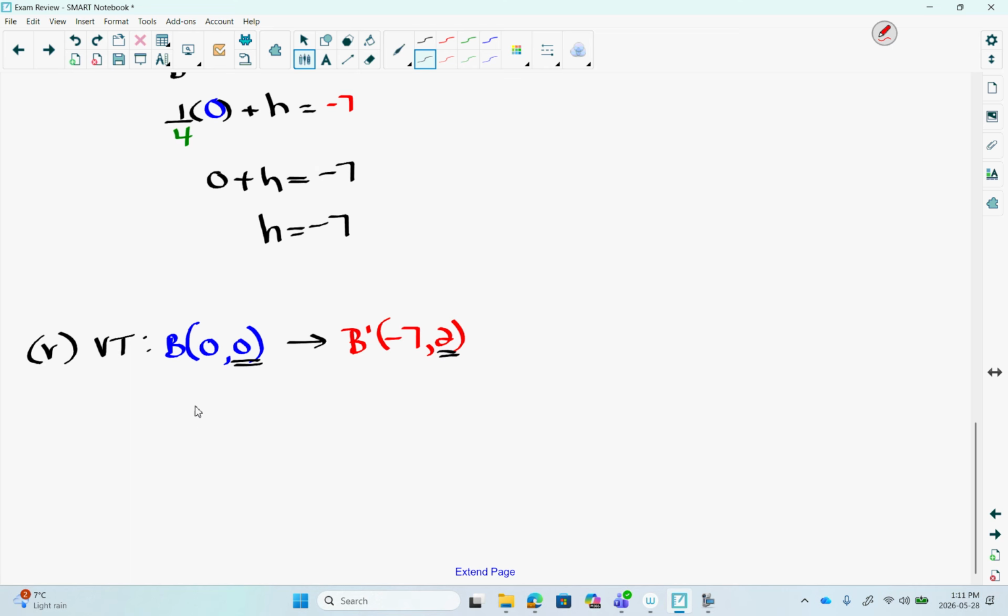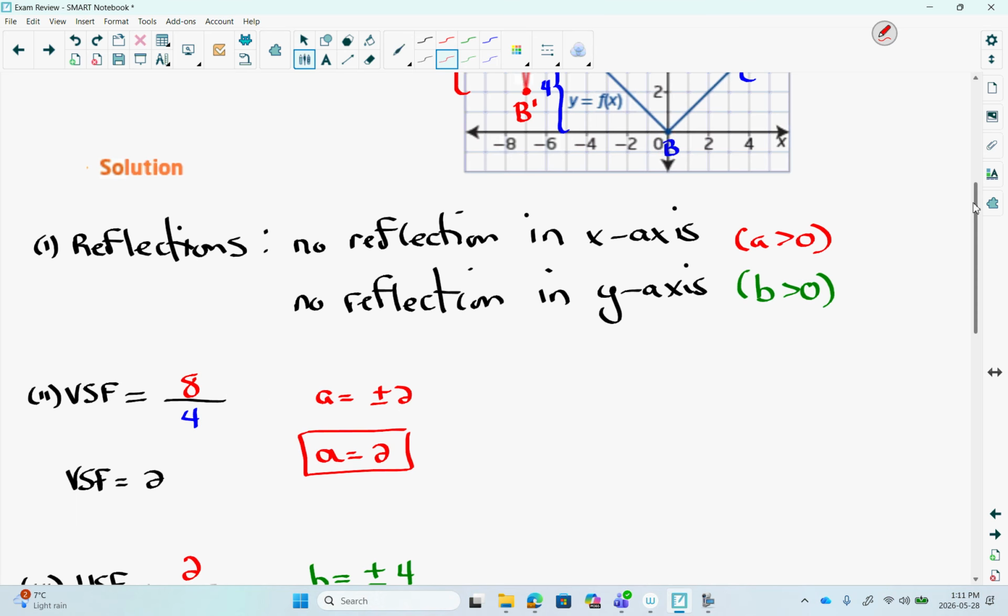Think of your mapping rule. I should really multiply this right here by my A value. So it'd be A times 0 plus K, and that should equal 2. Anyone know what my A value is from above? What did we say A was from step 2?